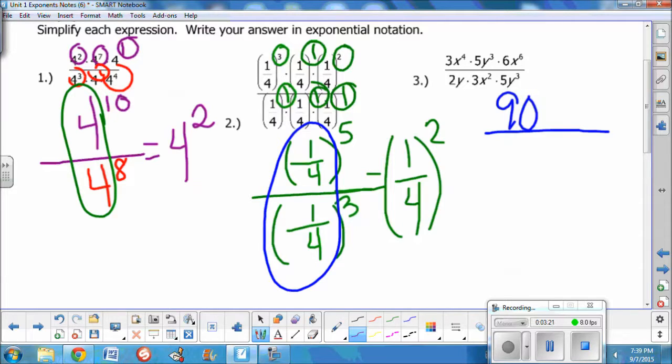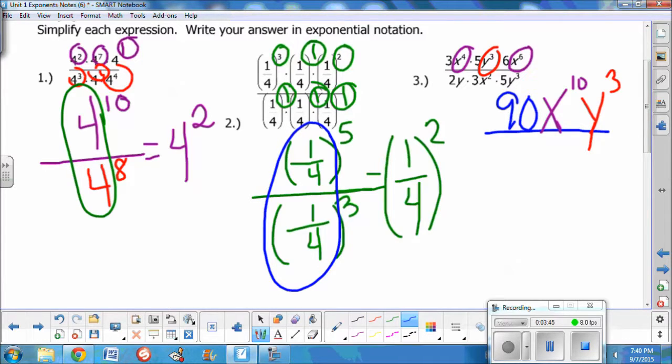So you got to keep in mind, only like bases, x to the 4th and x to the 6th. So that leaves me with x to the 10th. And we don't have anything to multiply that y to the 3rd with, so he just kind of comes along for the ride. Y to the 3rd.